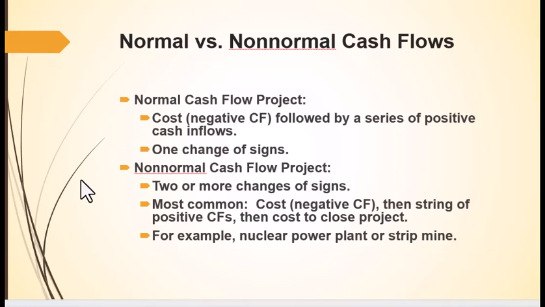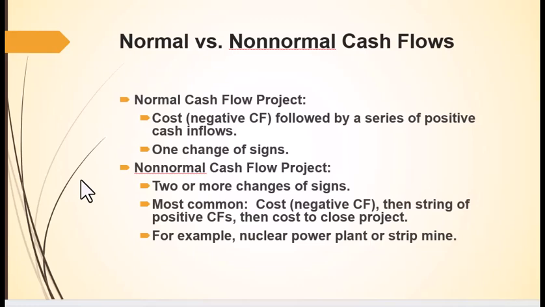That year is negative, followed by some more positive cash flows to the end. So again, there are lots of manufacturing and mining types of projects that might fit into these non-normal cash flows.